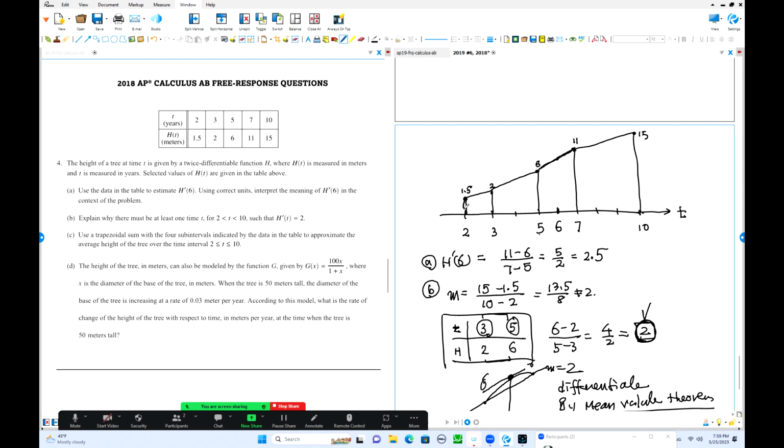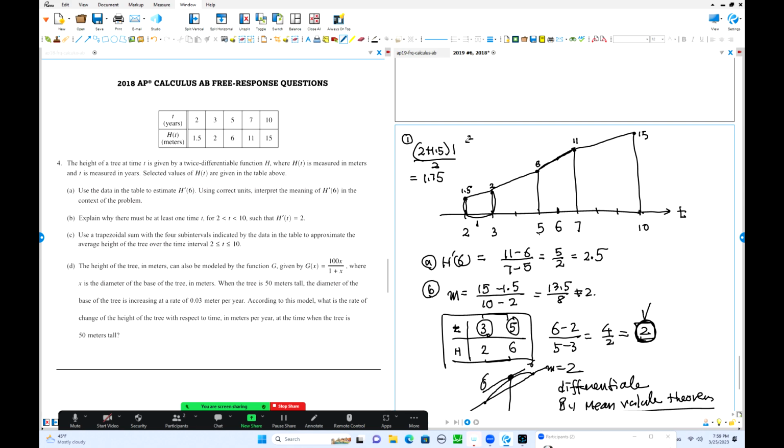This is the upper base, this is the lower base, and the height is 1, okay? The first one is how much? 2 plus 1.5 times height 1, divided by 2. So 3.5 divided by 2 is 1.75. The first trapezoid is 1.75.